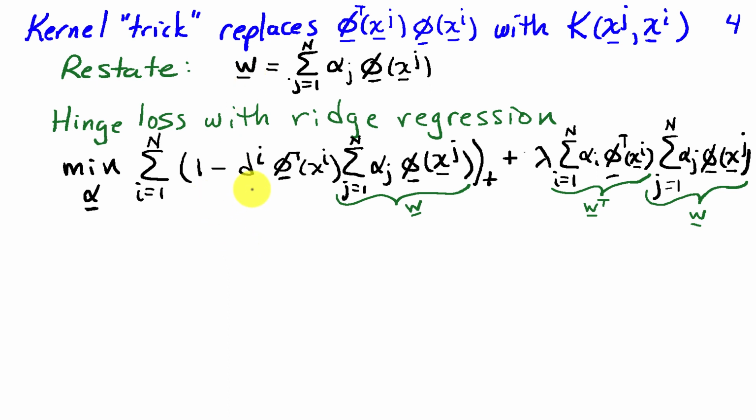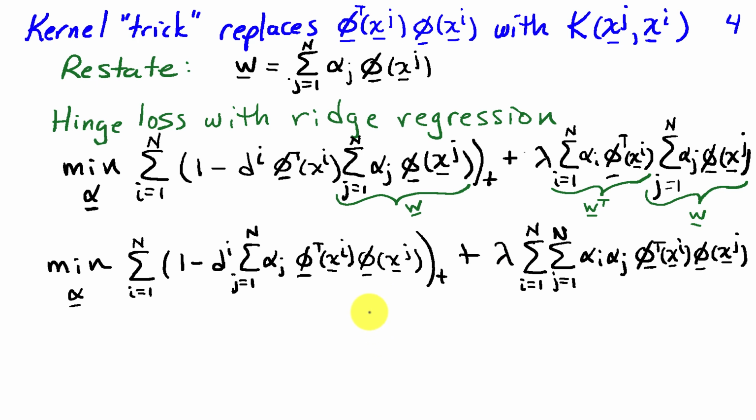I've got 1 minus di phi transpose of xi, and then instead of w, I'm going to write the sum from j equals 1 to n alpha j phi of xj, and that whole quantity, we're going to take the positive part again, since we're dealing with hinge loss. And then we'd have the ridge regression, which would be lambda times the 2 norm squared of w, which we'll write as lambda times w transpose w, again substituting for w with our expression.